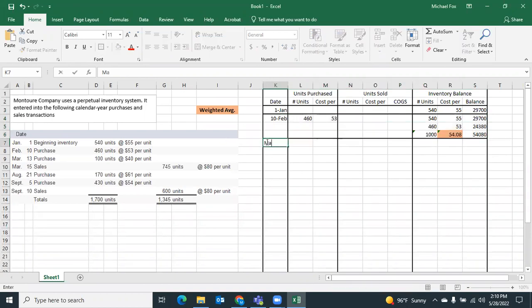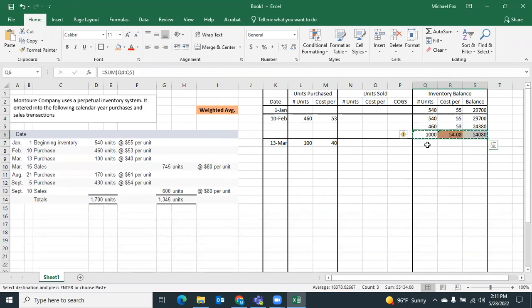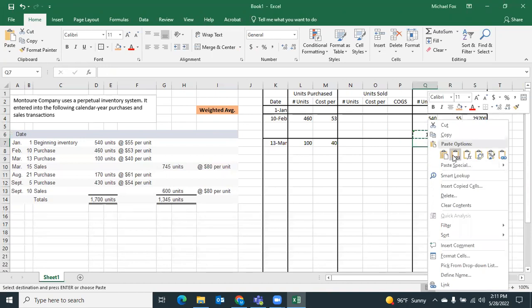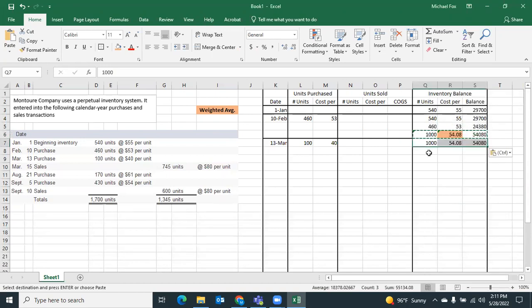Now on March 13th, we make another purchase of 100 units at $40 per unit. So we'll say we had 1,000 at 54.08 plus 100 at $40 a unit.